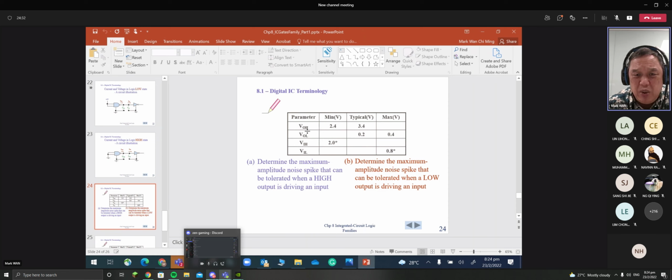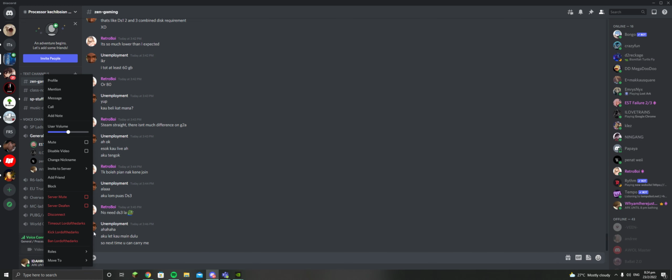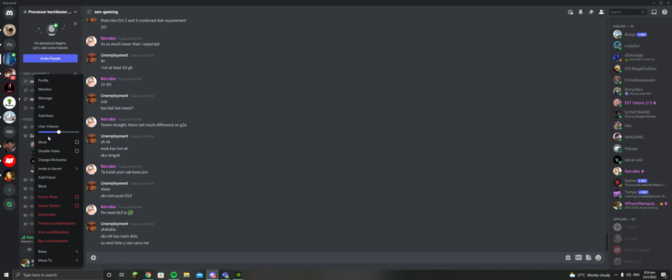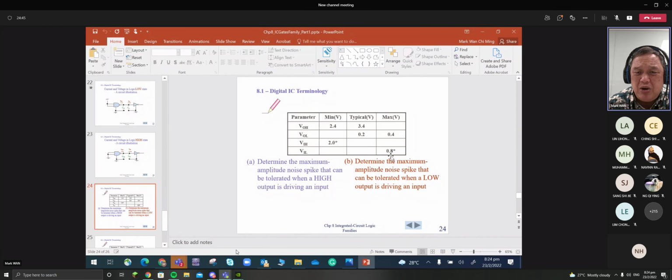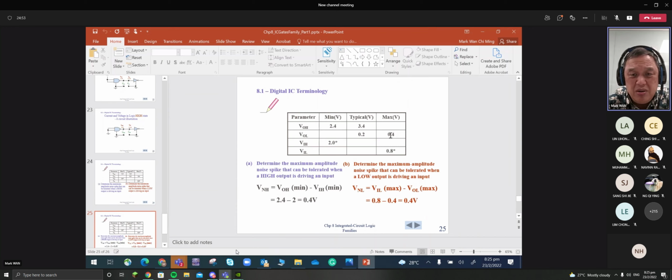You look at the logic 1, VOH and VIH, that means big minus small. This is the logic 1 noise margin. What is the logic 0 noise margin? You look for the logic low, VOL and VIL. Same again, you have two numbers, always the big number minus the small number. Is it okay? So you can remember the formula already: big number minus small number.